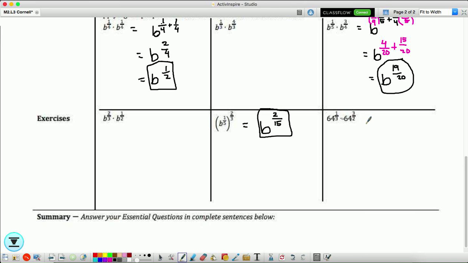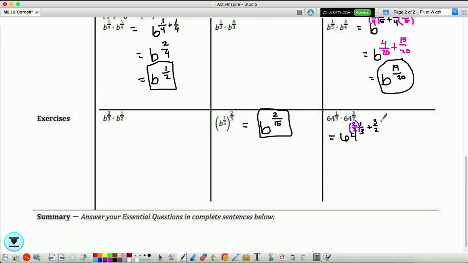And then this next one, again, they have the same base, so I would keep that base of 64. 1/3 and 3/2, I could then just add those fractions to each other. So 1/3 plus 3/2. And so in this case, we'd have to find a common denominator, which should be 6. So to change this to a 6, I'd multiply by 2 over 2.